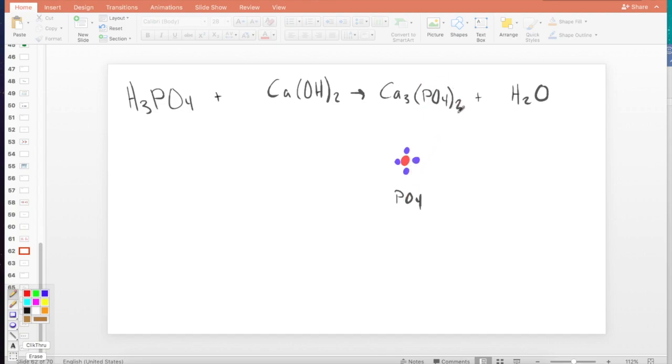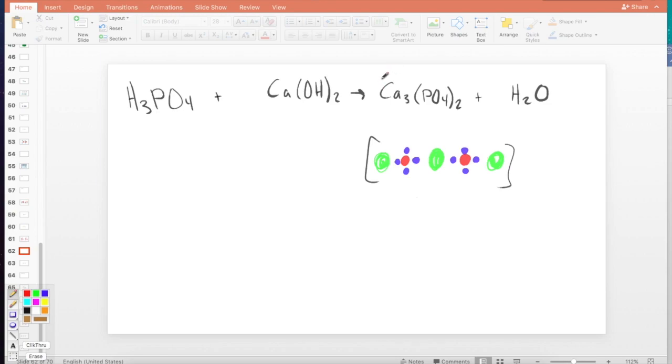And when I see it in parentheses with a subscript 2, what do you think that means? It means that there is, in this chemical compound, not a single PO4 unit, but rather 2 of them, bonded to 3 calcium atoms. So I would draw it something like this. This is not entirely accurate, but you get the idea.